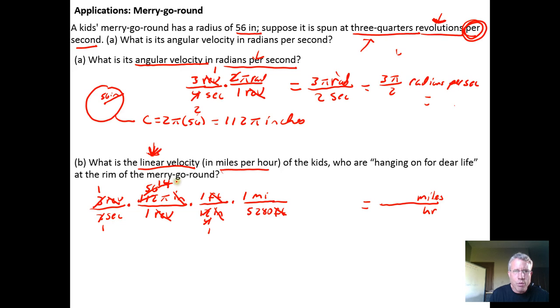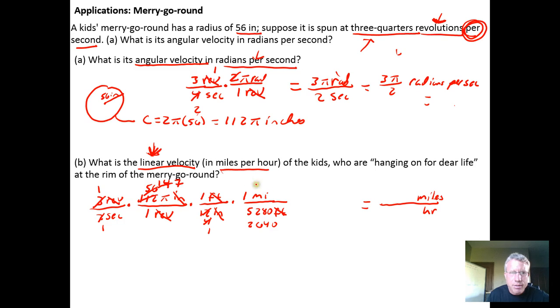I know 2 will go into 14 7 times, and 2 will go into 5,280 a whole bunch of times. 2 will go into 5 twice, 640. And will 7 go into that? That is a good question. 21, 21, 50. I don't think so. We'll come back to that.